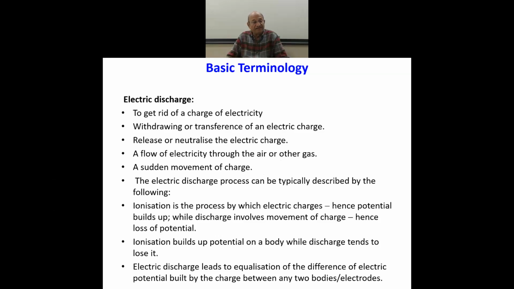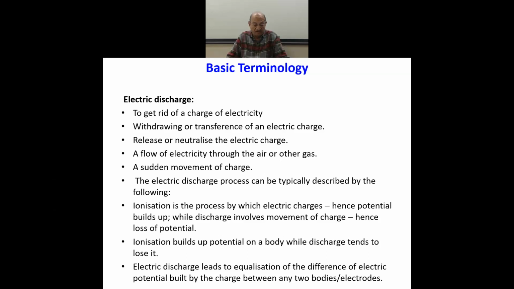Very well said, electric discharge leads to equalization of the difference of electric potential built by the charge between any two bodies or electrodes. So electric discharge tries to equalize the potential.